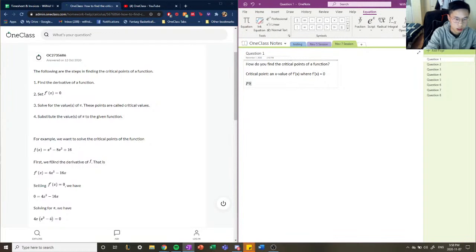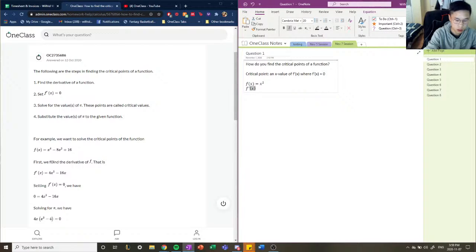Our function equals x squared. Our derivative, and from now on for the entire lesson, I'm going to call the derivative f prime of x and the second derivative f double prime of x, is equal to 2x.